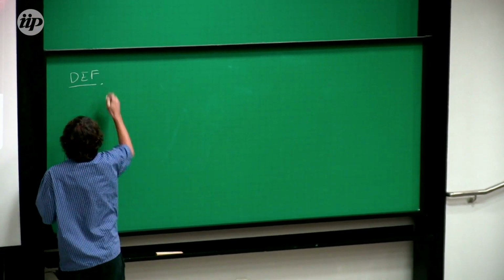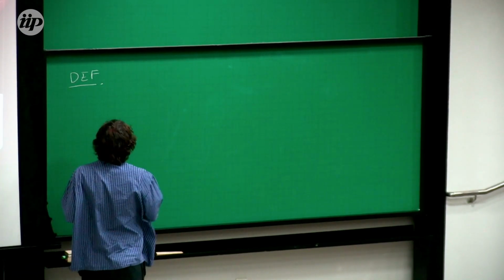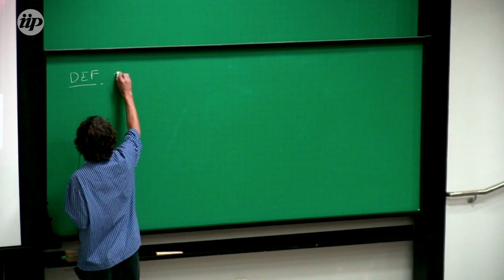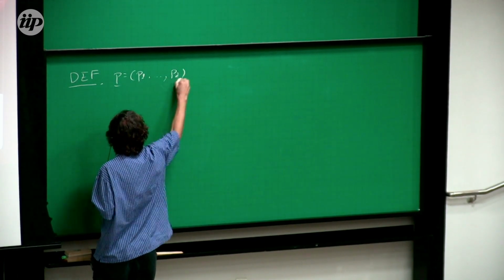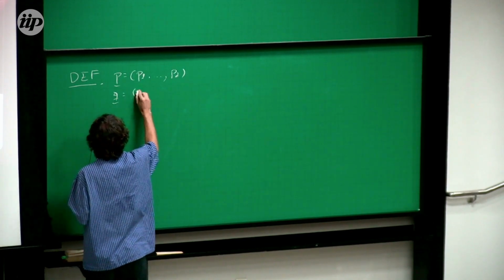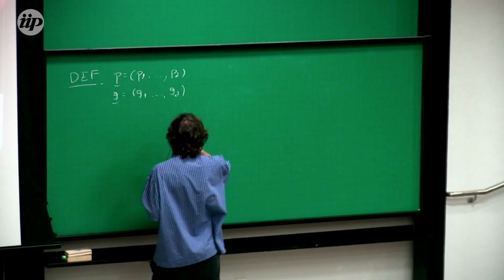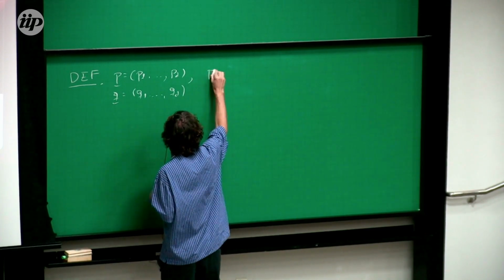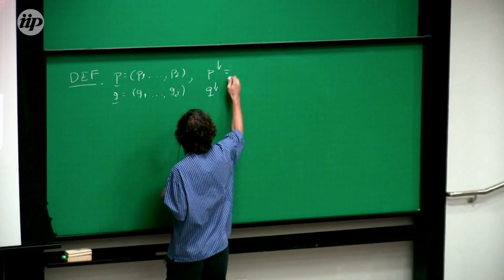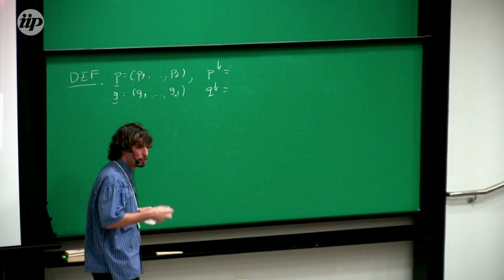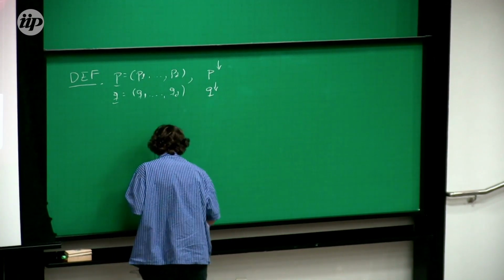So let's assume that we have two d-dimensional probability distributions, P and Q. So basically, let me just write P to be P1 to PD, and Q the same, Q1 to QD. And let's also consider P and Q ordered in non-increasing order. So basically, I order these two probability distributions here in non-increasing order. Okay, so like this.